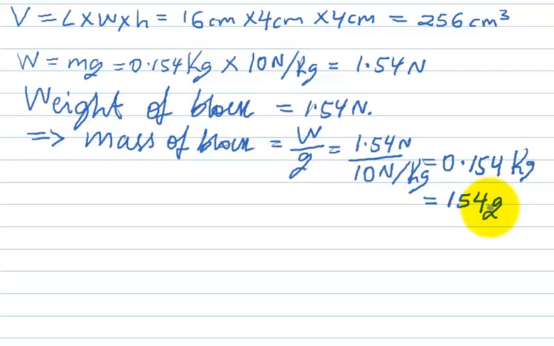So we have the mass of the block as well as the volume of the block. These two physical quantities will enable us to calculate the density of the block.